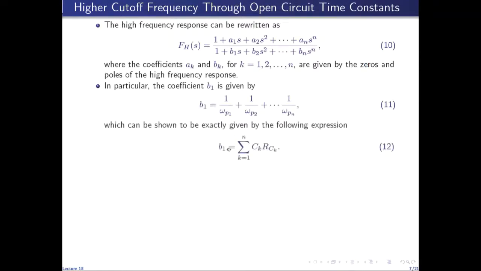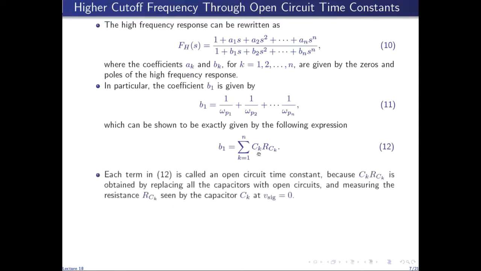Furthermore, it can be shown that b1 is exactly given by this expression, where this term RCk times Ck is called an open circuit time constant associated with the capacitor Ck. So this term is obtained by open circuiting all the other capacitors while considering Ck, and then finding the resistance seen by the capacitor Ck, which is denoted by RCk. So the product of that resistance times the value of the capacitance is called the open circuit time constant. So since there are n poles and n zeros, there must be n capacitors in the network.